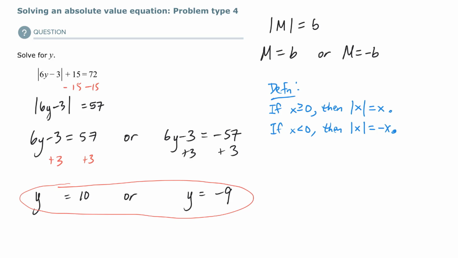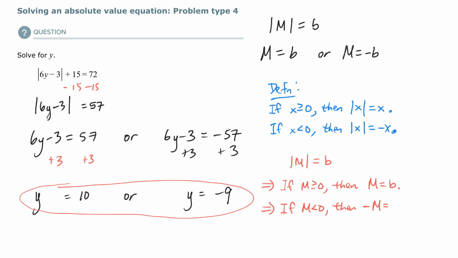So looking back at this, absolute value of m is equal to b implies two situations. If m is greater than or equal to 0, then m equals b. What's the second situation? If m is less than 0, then the opposite of m is equal to b.